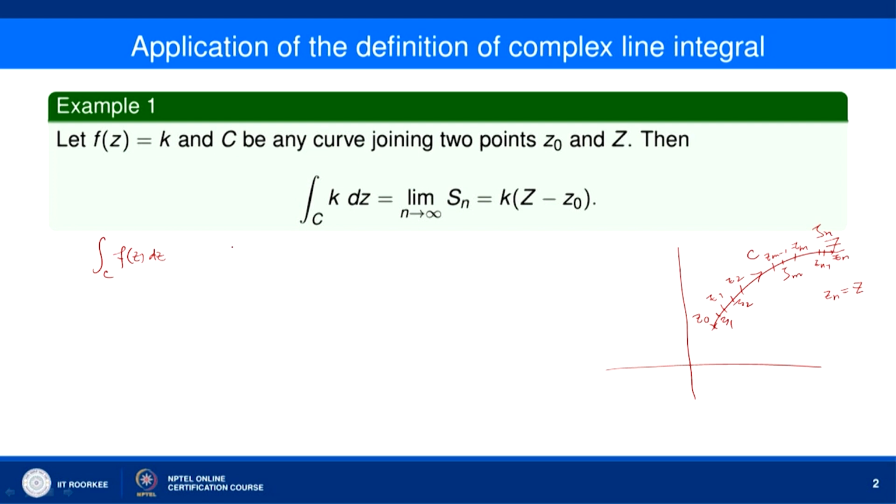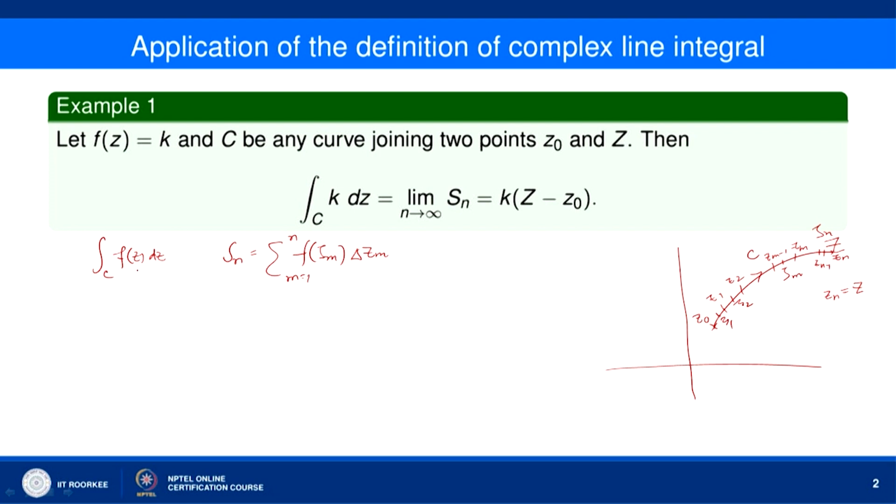Then we formed the sum S n as the sum from m equal to 1 to n of f(zeta m) delta z m. This was defined as S n.